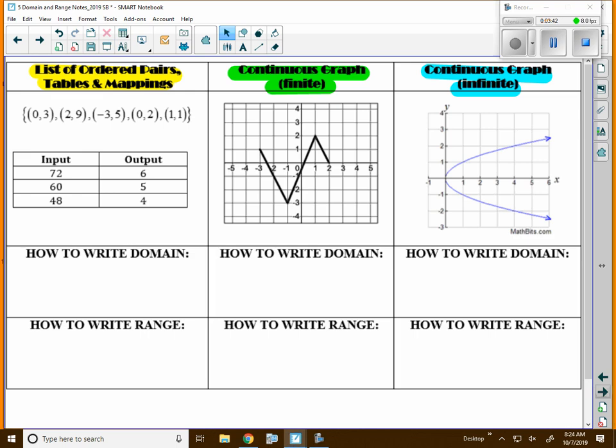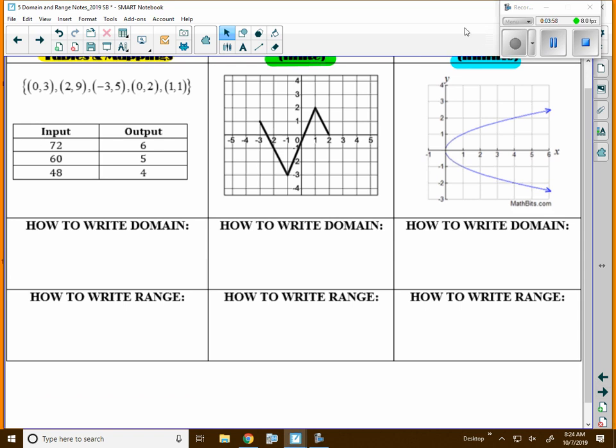All right, let's keep rolling. So we are going to look at... sometimes we change our notes around, so give me just a minute.